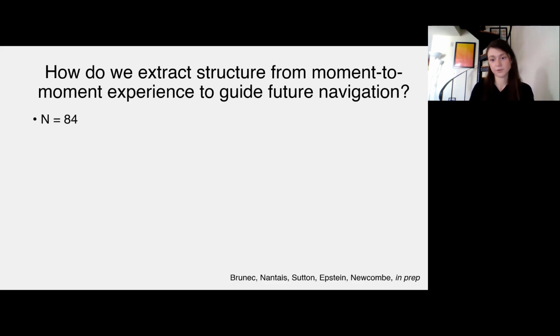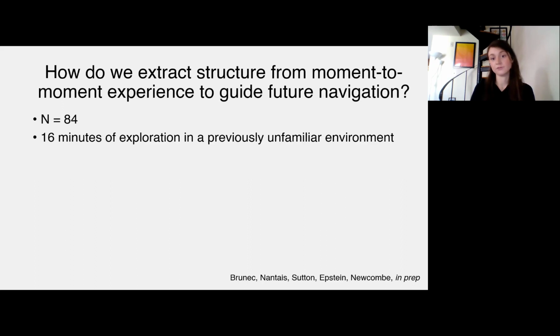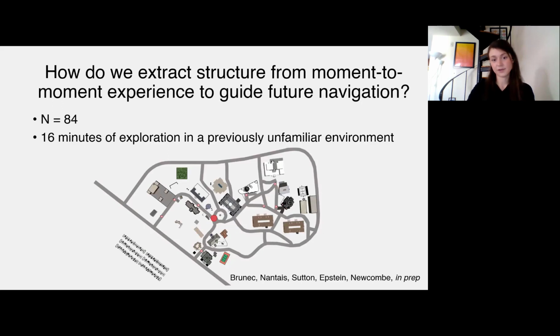So in collaboration with Jennifer Sutton at the University of Western Ontario, we took data from 84 participants who freely navigated in virtual Silcton. This was an environment that was previously unfamiliar to them, and they had 16 minutes to navigate. They were told to try to find 8 buildings in this environment, shown here with these small red dots, and they all started in the same location here.